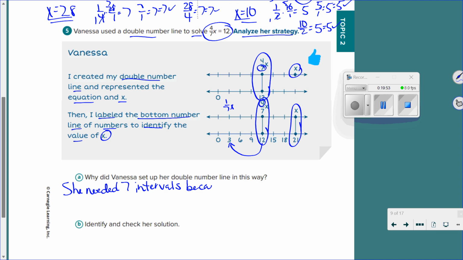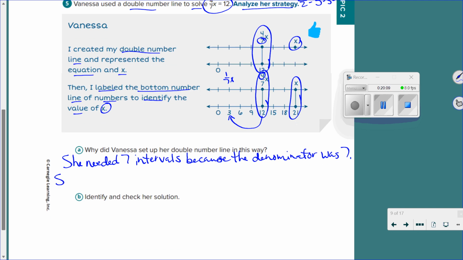Excellent. So because the denominator was 7, I needed 7 intervals. She put it at the fourth one because the numerator was 4.